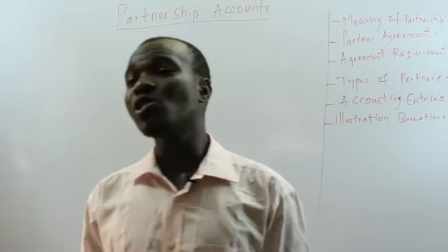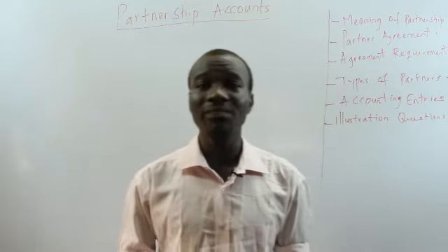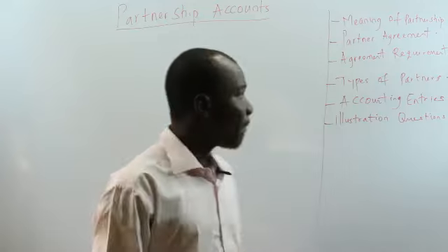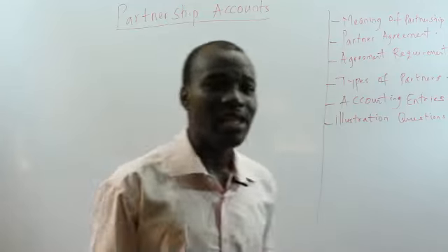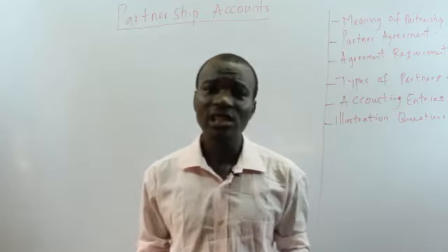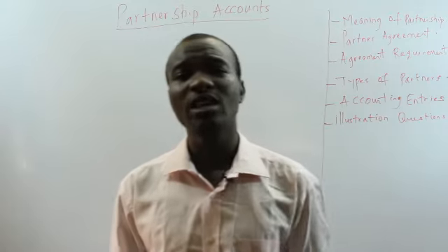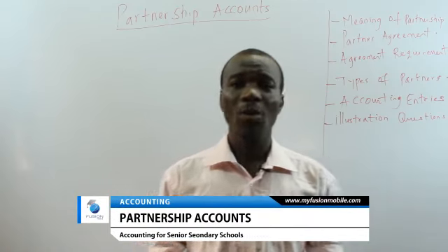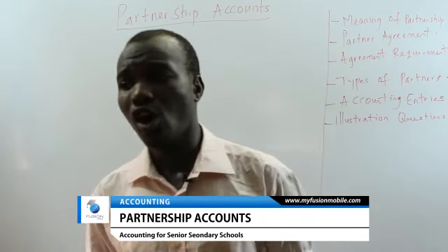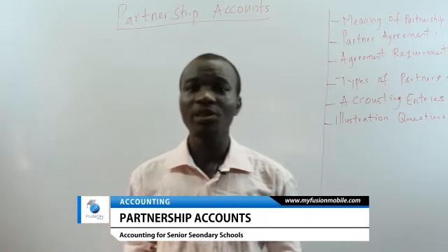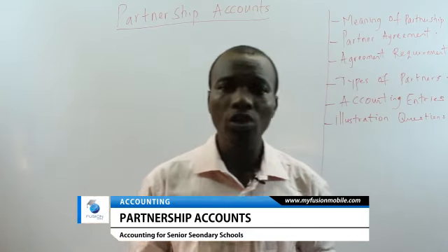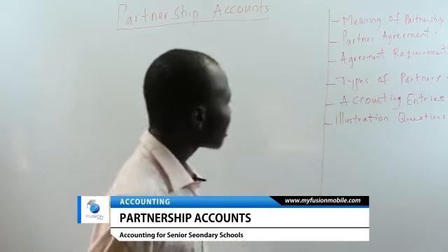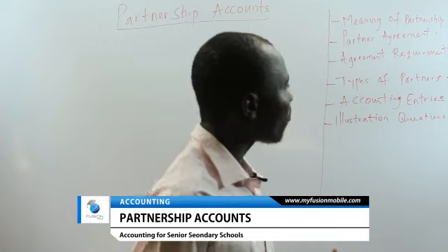While also the responsibility of each partner will be stated in the partnership deed. But in the accounting requirement, the major thing we'll be looking at is how the profit of the business is to be shared, whether there's going to be interest on capital, whether there's going to be interest on drawings, and also whether there is going to be interest on loans of the partners.